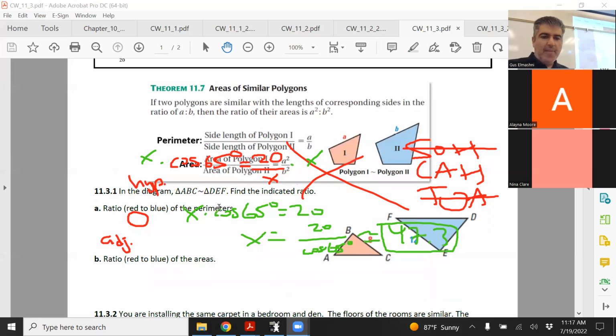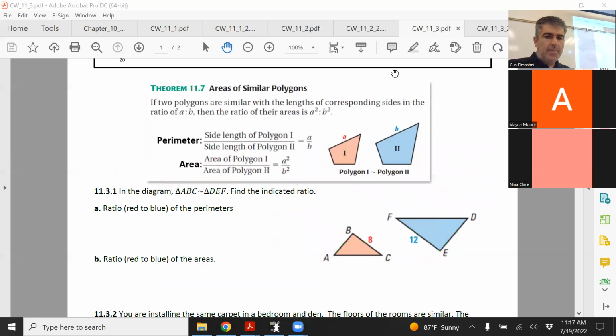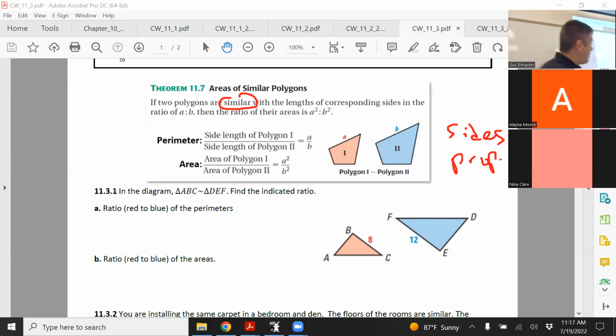All right, let's talk about the concept here. I'll give you guys a little break. The concept is a little tricky. So you have two diagrams that are similar, right? Remember, similar meaning the sides are proportional. Naturally speaking, if you know the ratio of two sides, the perimeters will also be the same ratio.